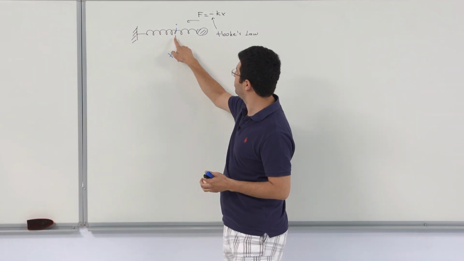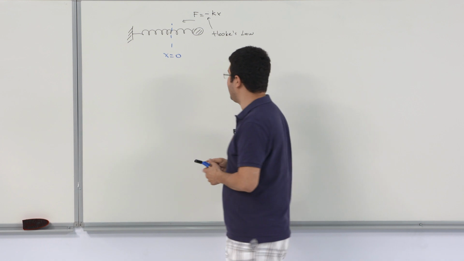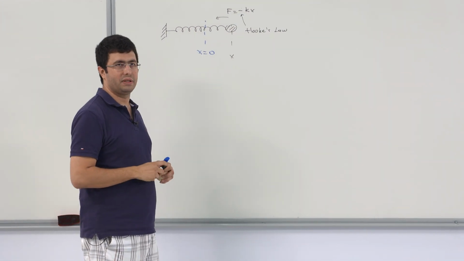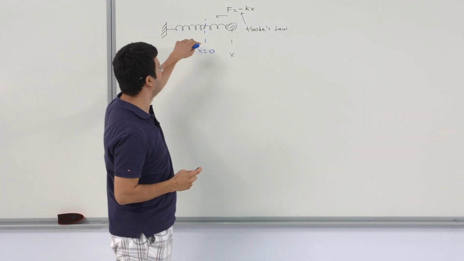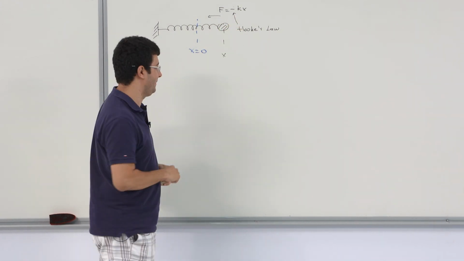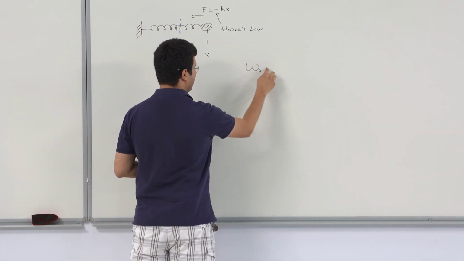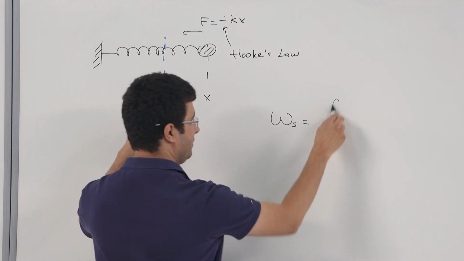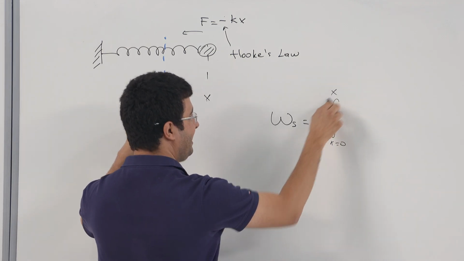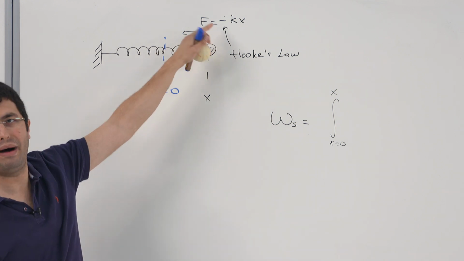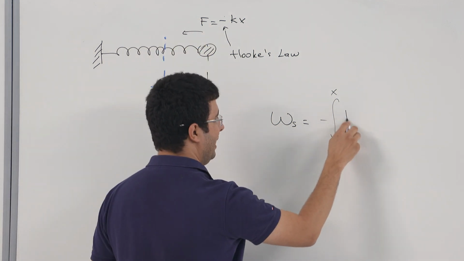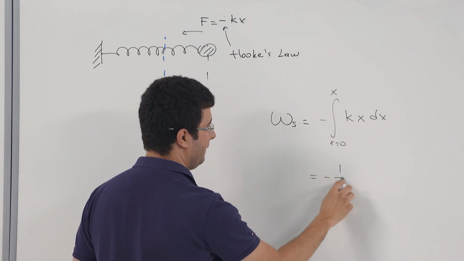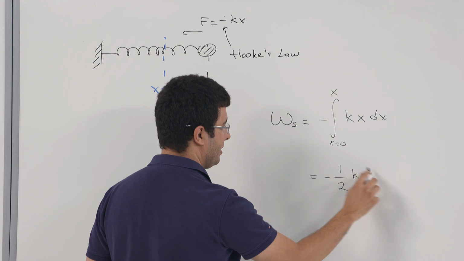So now I would like to know how much work have I done to take the baseball from the equilibrium position to right here, let's say x, some x. Well, that's simple to calculate. I can just calculate the work done by the spring, and I can take the minus of it. So the work done by the spring, well, the spring is taking this baseball from x equal to 0 to some x, and the force that it applies is minus kx, so it's just minus kx dx, which gives rise to minus a half kx squared.